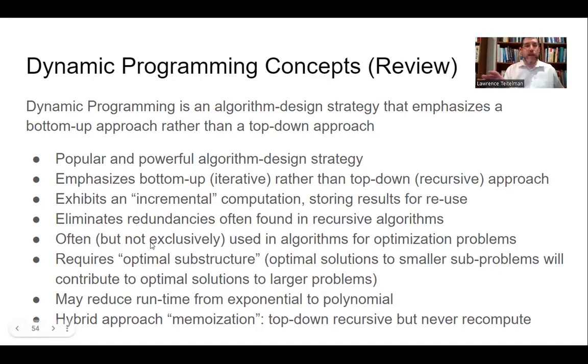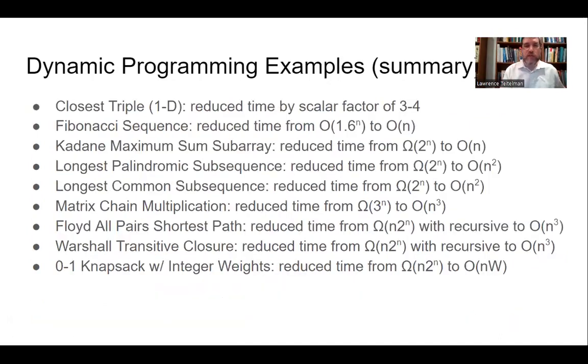Think about the matrix chain: it works best knowing how well I can do the left or how well I can do the right. That helps me find a better solution to the bigger problem. And then we also talked about the hybrid approach, memoization, which retains a recursive structure, but keeps track of any computations we've done, so that we can just refer back to those results.